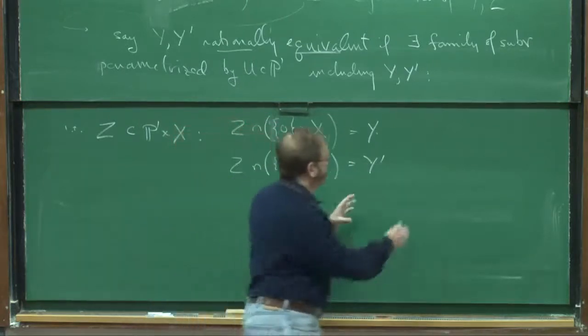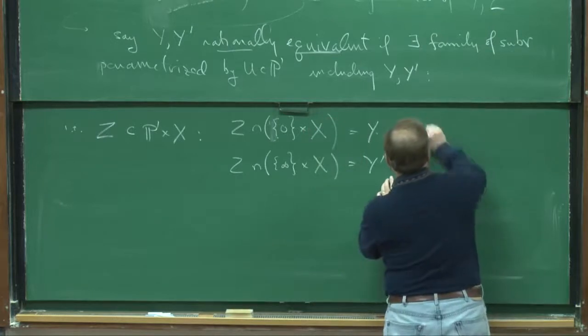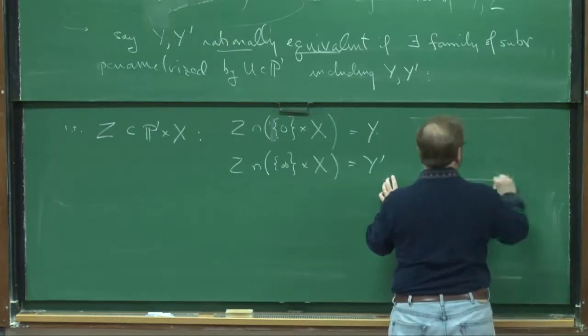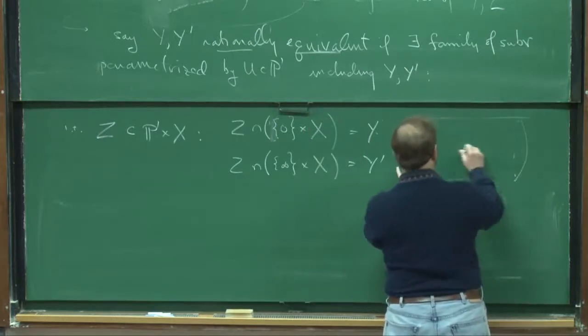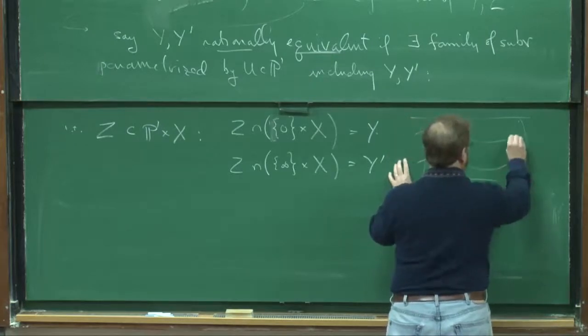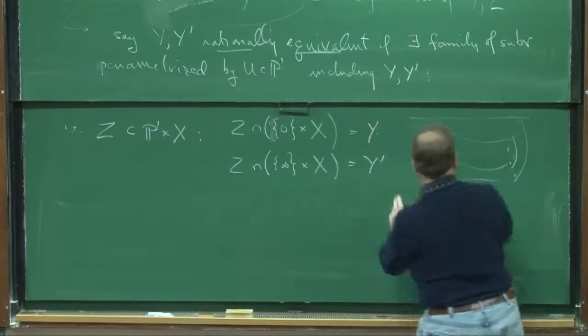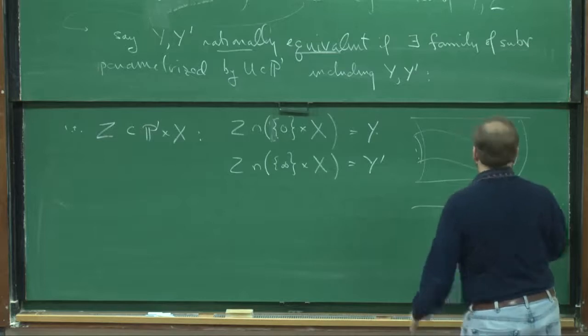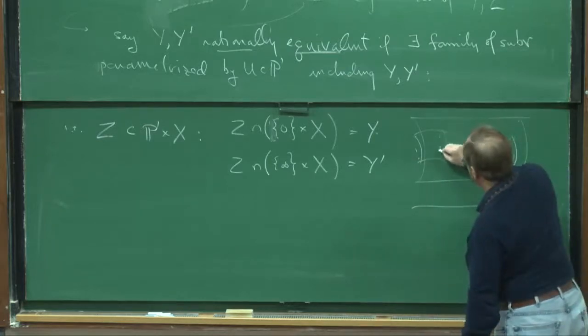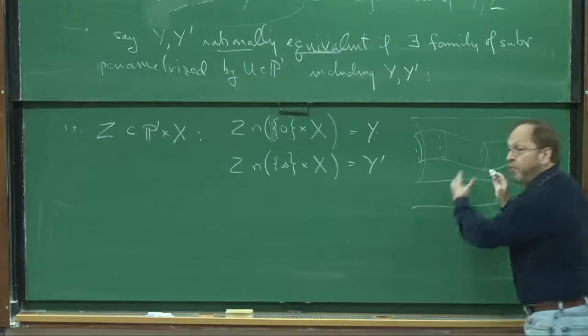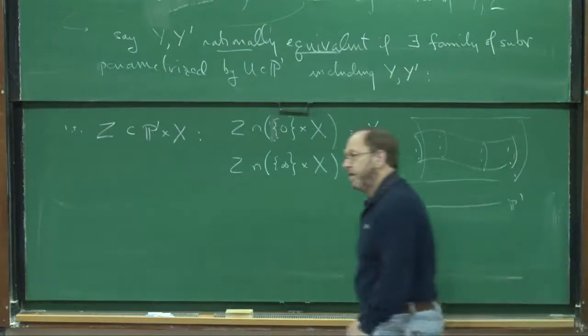So this is, so to speak, our notion of a continuous deformation. We are just looking at families over P1 and saying that any two fibers are declared to be equivalent in this sense.